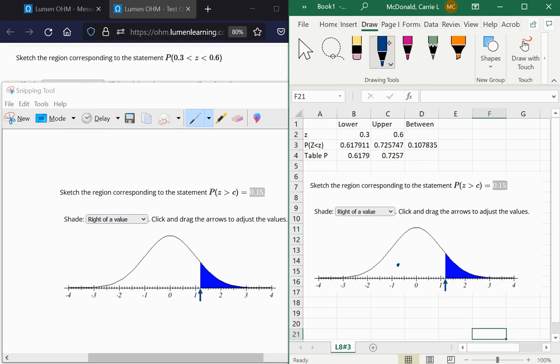Okay, if this area on the right is 0.15, then this left area, which is the complement, and the whole area has to add up to 1, so this would be 0.85. So to find what this z-score is right here, I'm going to use norm.inverse, the left area of 0.85, a mean of 0, and a standard deviation of 1.